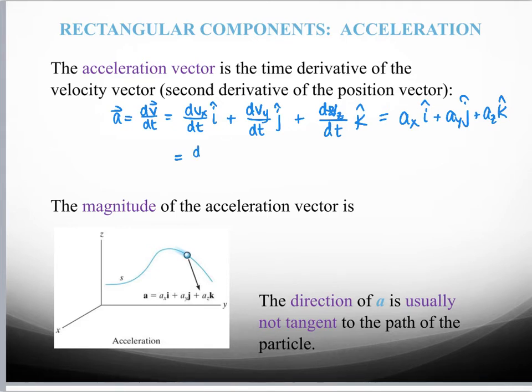We could also represent each of those components as the second derivative of the position, just to keep in mind that it can be thought of in a lot of different ways.